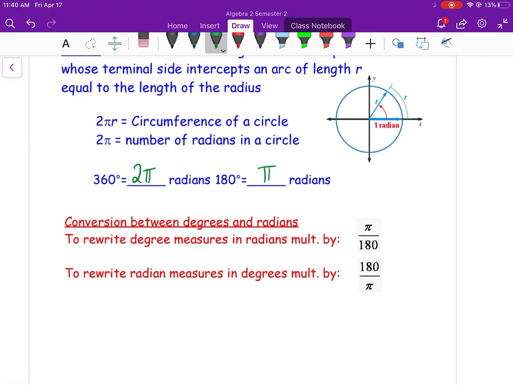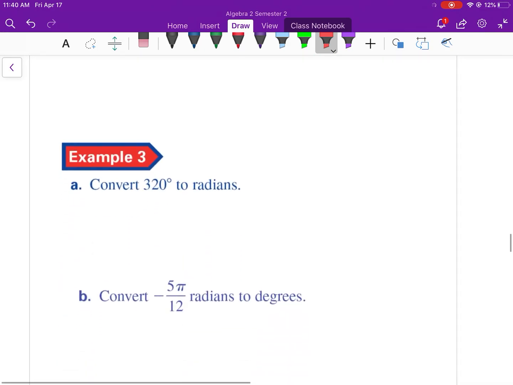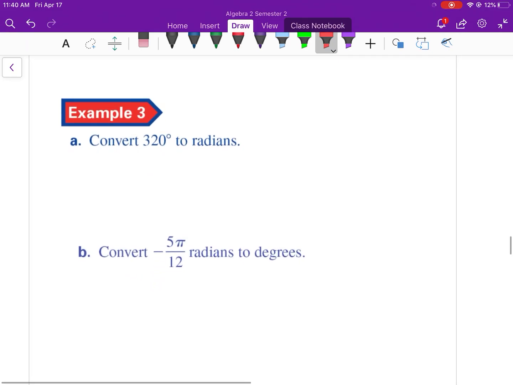To rewrite degree measures into radians, multiply by the conversion factor of pi over 180, or vice versa, 180 degrees over pi.